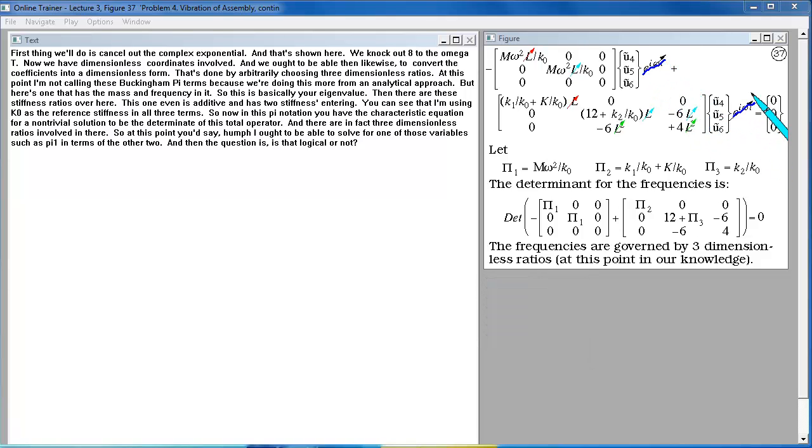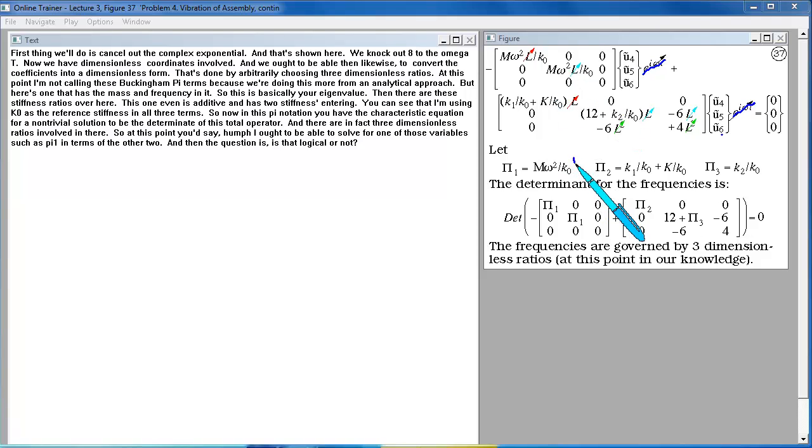Now we have dimensionless coordinates involved, and we ought to be able then likewise to convert the coefficients into a dimensionless form. That's done by arbitrarily choosing three dimensionless ratios. At this point, I'm not calling these Buckingham pi terms because we're doing this more from an analytical approach.